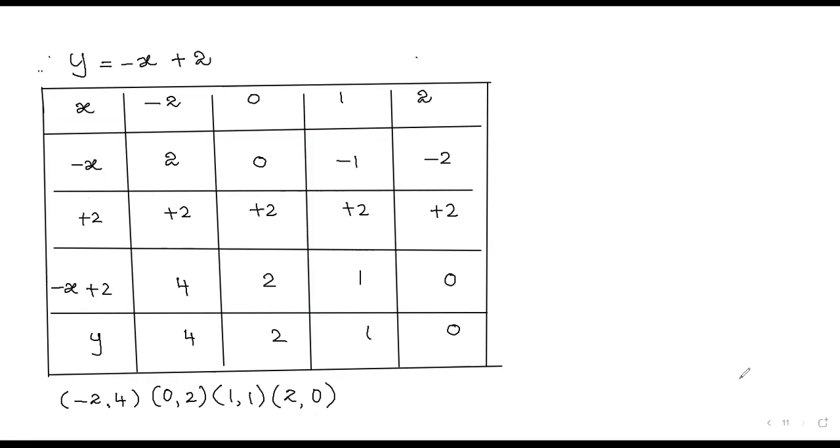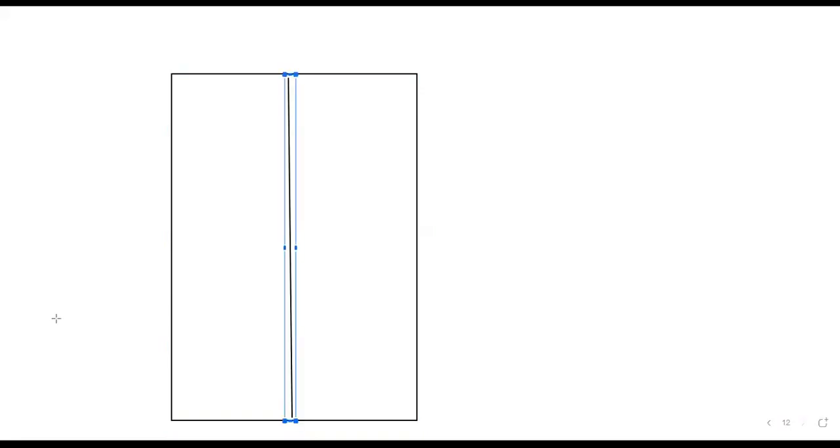Right? So then you move to the graph paper. Let us take your graph paper, and this is your graph paper, and you mark the x-axis and the y-axis like this. And here the x value, then the y value. So then quickly you mark the axes like this.